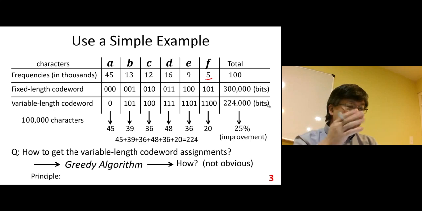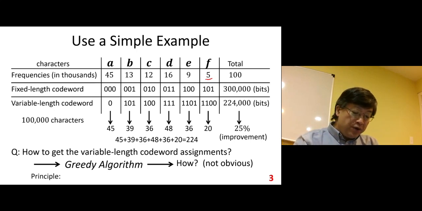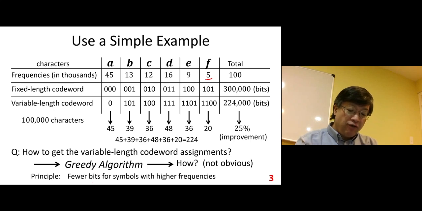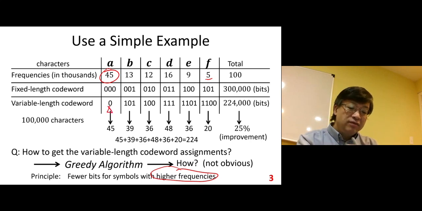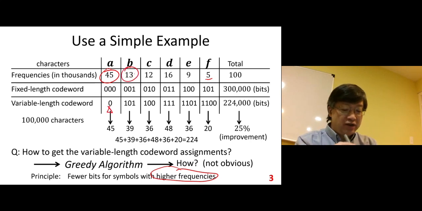But we have some basic principle. The principle is we use fewer bits for symbols with higher frequency. So look at here. The frequency is high, 45,000, and we use fewer bits. The frequency a little smaller, so then we can use more bits.